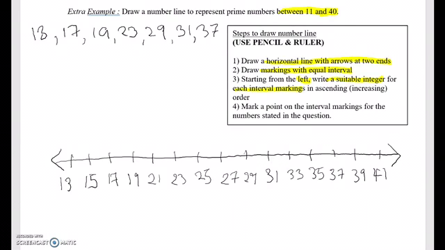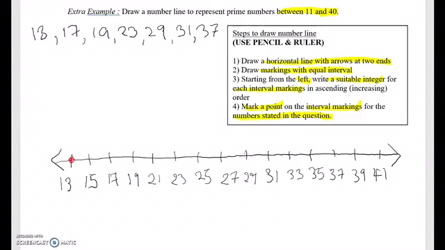Step 4, after I have the interval markings, I need to mark a point on the interval markings for the numbers that are required in the question. So, the first number is 13.